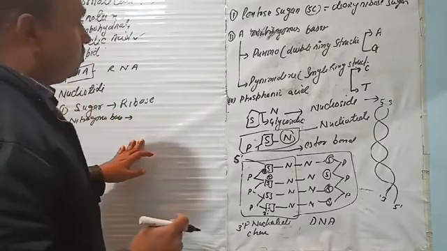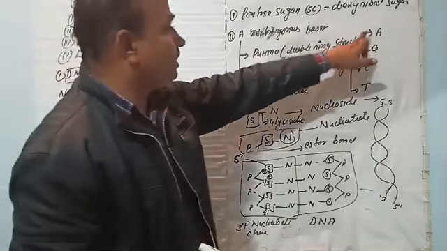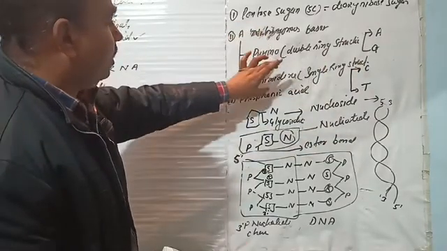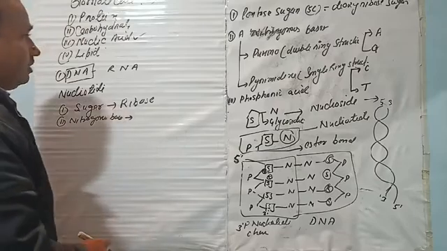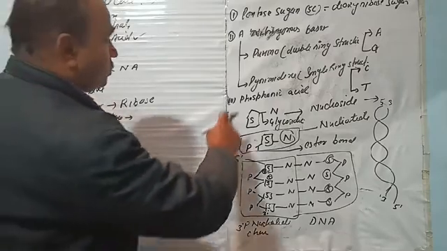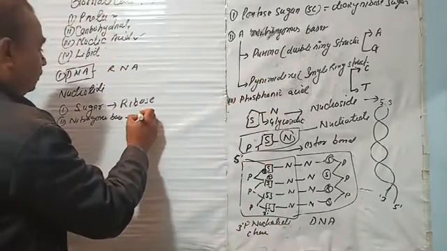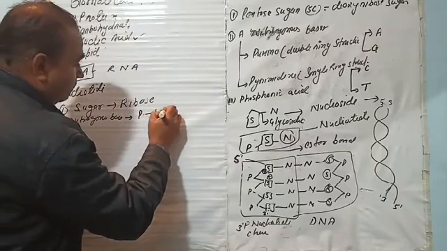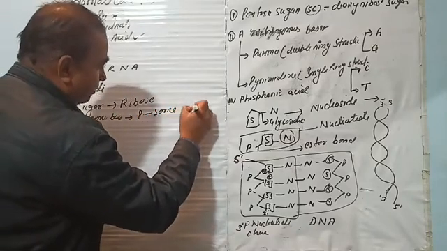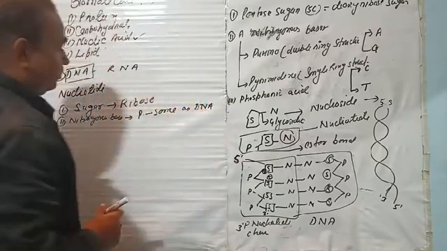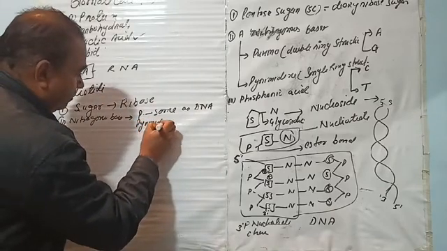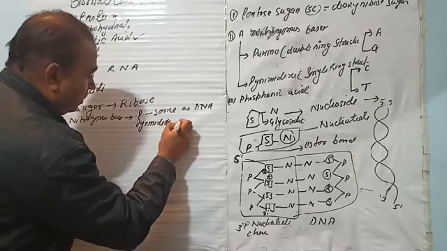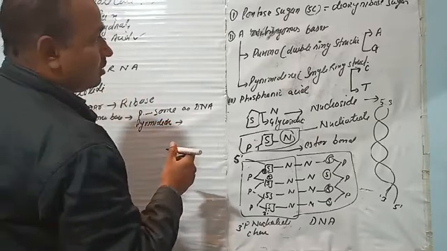In RNA also four different types, 2 purine and 2 pyrimidine nitrogenous bases, are found. The purine bases are the same as DNA, but the pyrimidine bases differ here.